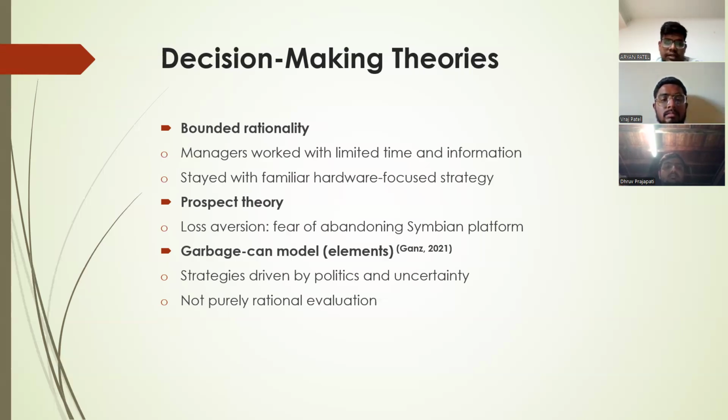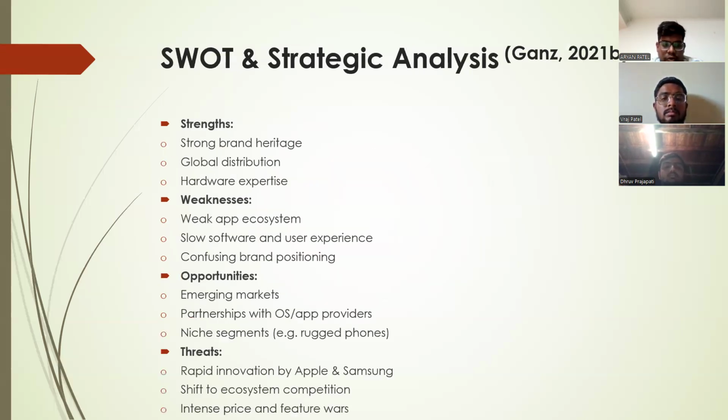The next slide is the strategic analysis. The SWOT analysis highlights that Nokia still possessed significant strengths, including strong brand recognition, a global distribution network, and manufacturing expertise. This advantage gave Nokia a solid market position at the beginning of the smartphone transition. However, critical weaknesses such as a weak application ecosystem, slow software development, and poor user experience became increasingly damaging as competition intensified.